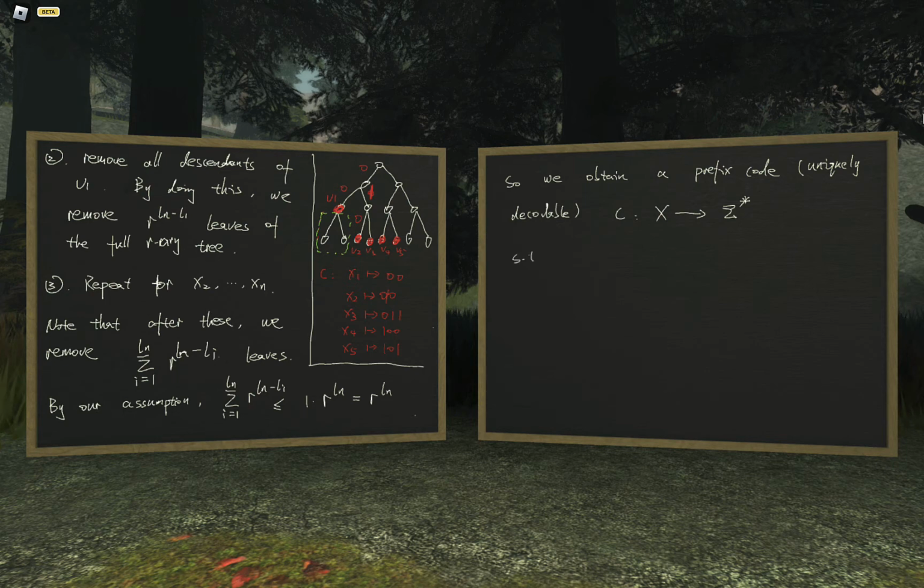And by our construction, we know that the length of C(xi) equals Li for all i equal 1 to n. So this gives us one direction of the theorem.